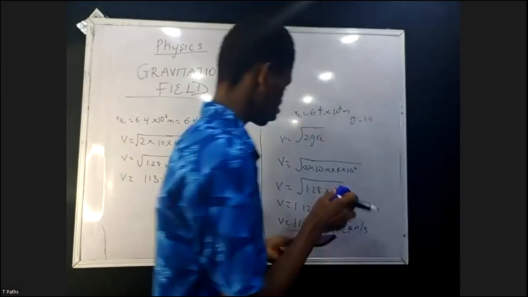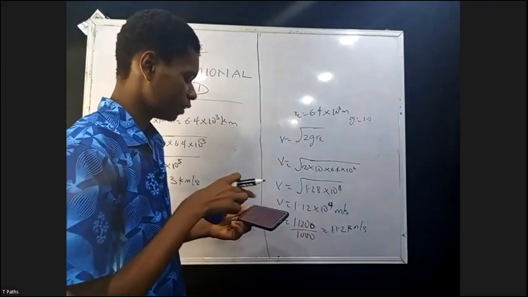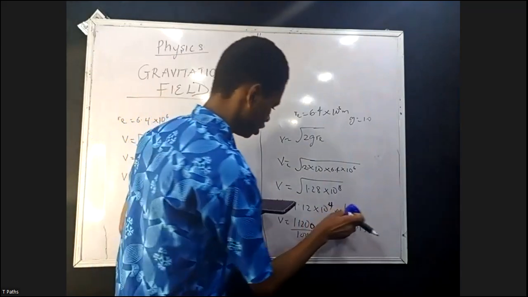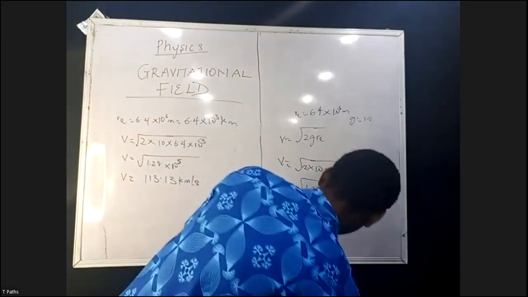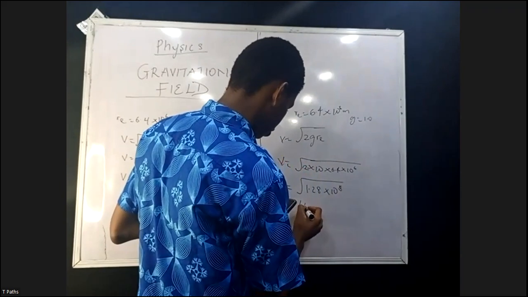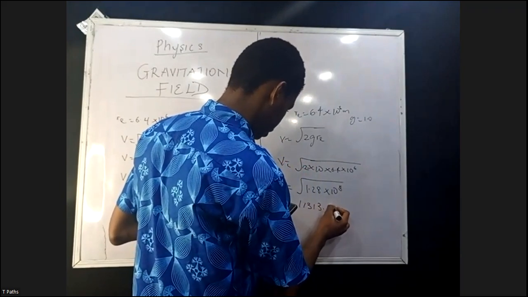I think the issue was coming from here. I think I made a mistake here. So when I find the square root of this, it is supposed to give me what? It should give me 1.7.